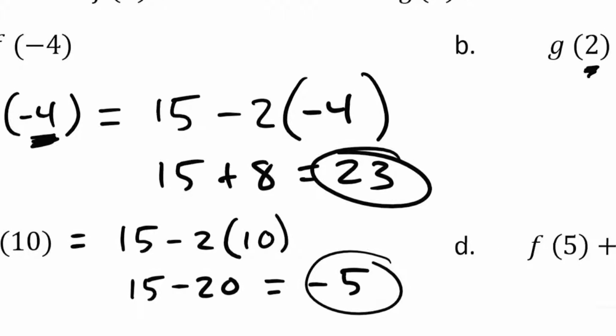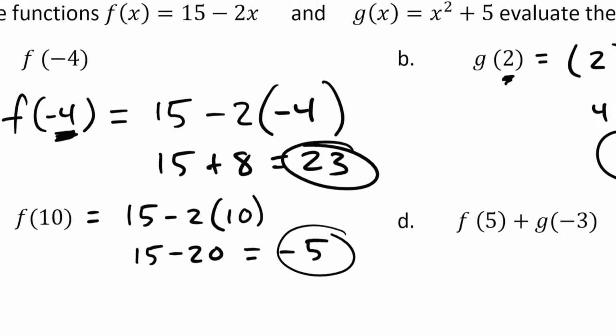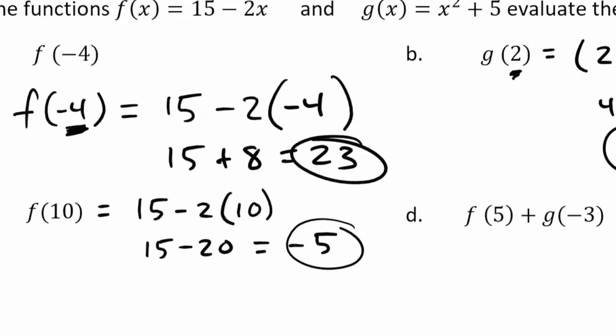And the final problem is g of two things. So I need to know the sum of two things. One of them is f of 5. So let's do that. That f of 5 is 15 minus 2 times the input, right? What I've just written here is exactly what the definition of f of x is.